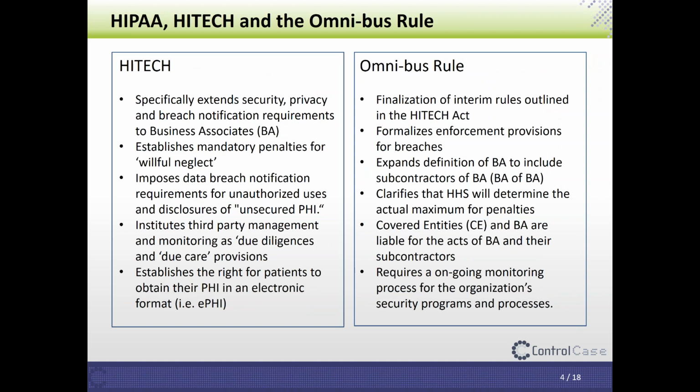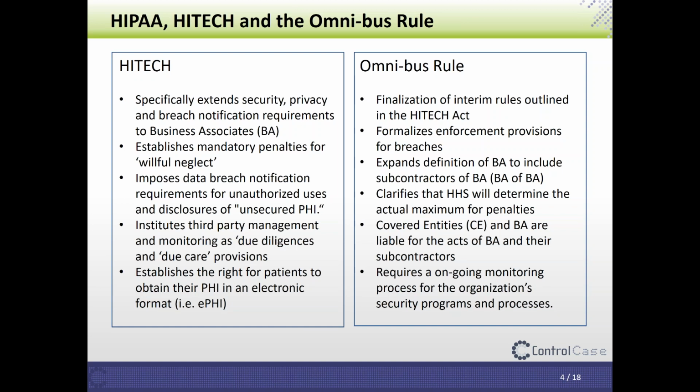When we talk about HIPAA, the next few terms that are consistently used are HITECH and the omnibus rule. HITECH really refers to additional conditions that were passed and additional clarifications that were added to HIPAA, specifically in the context of extending and ensuring that security, privacy, and breach notification applies to business associates or third parties.